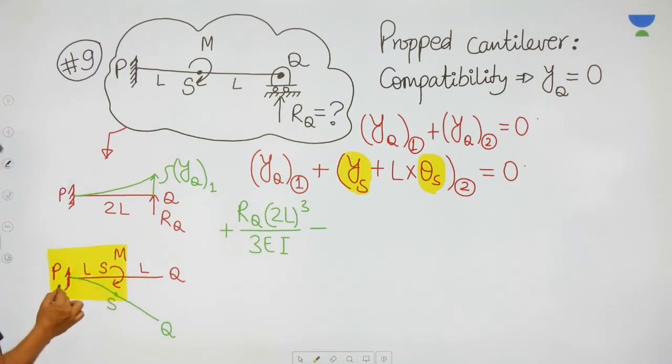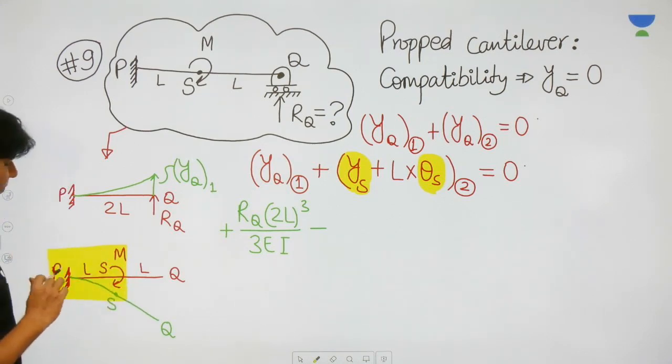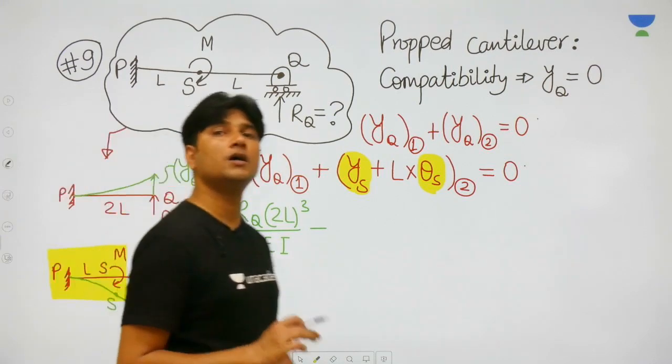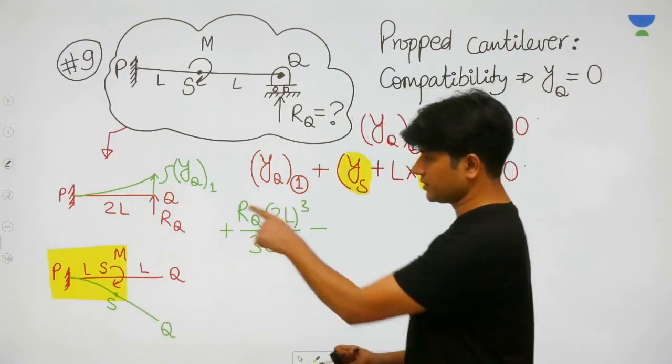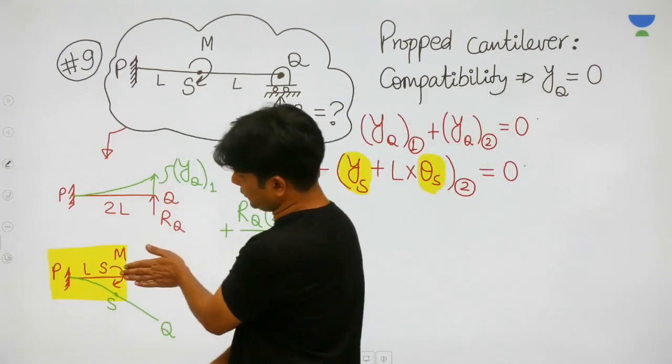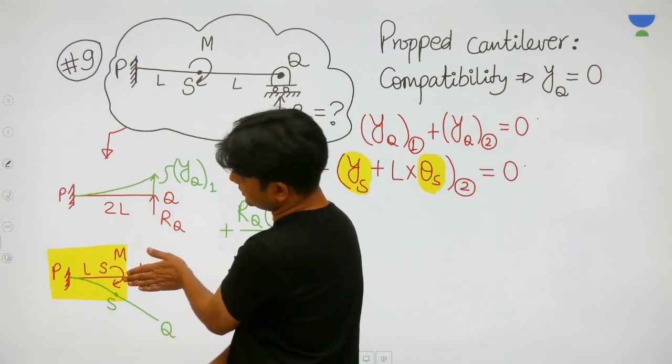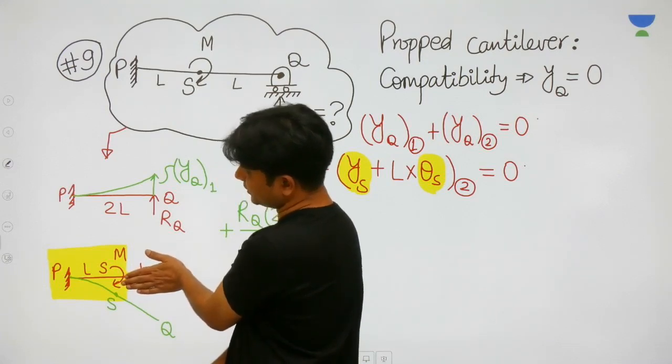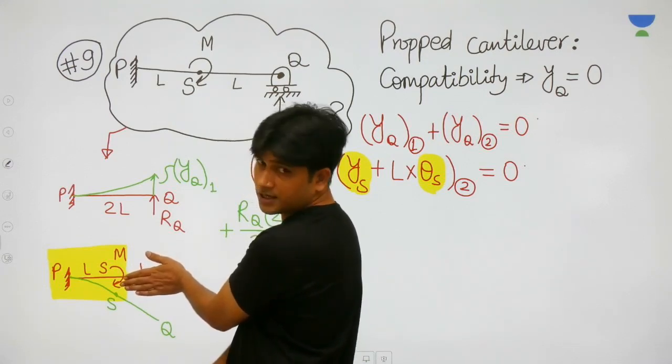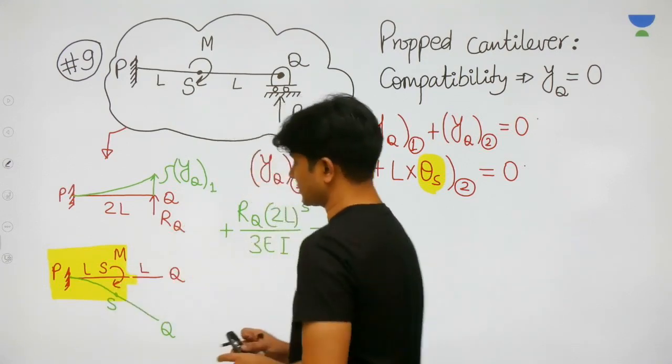If we focus on this length, then once again we can use the standard results. This is the very first standard result. If you hide the rest, then that L length is nothing but a standard beam, and for that you can write YS and theta S using the standard results only.